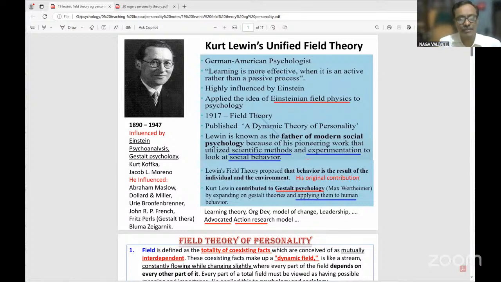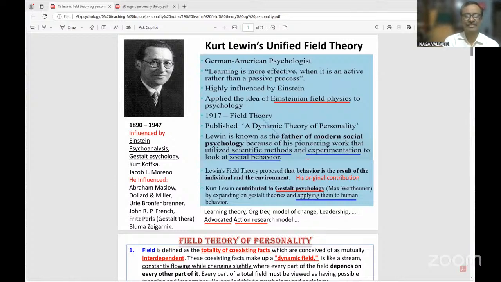He used geometry and topology, space, field, universe, and boundaries, and regions, subregions, cells. Like that, he classified or categorized human behavior as well as personality.